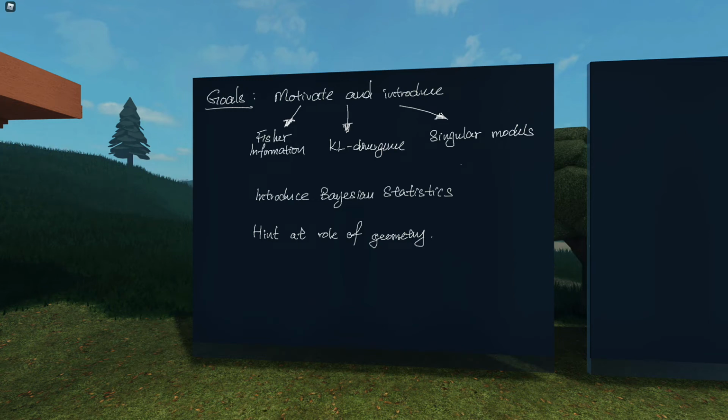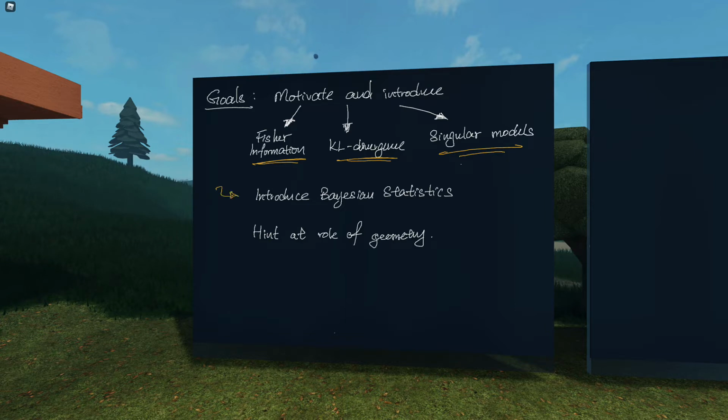So this is the SLT, Singular Learning Theory seminar, main session 2. Today it will be mainly about the following things that you see on the first board there. My goal is to motivate and introduce Fisher information, the KL divergence, and give the definitions of what singular models are.